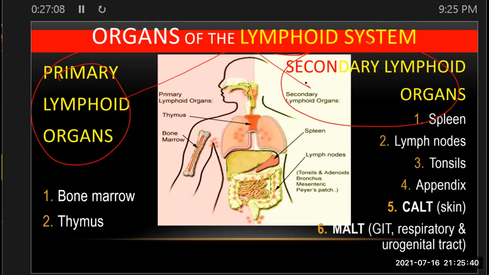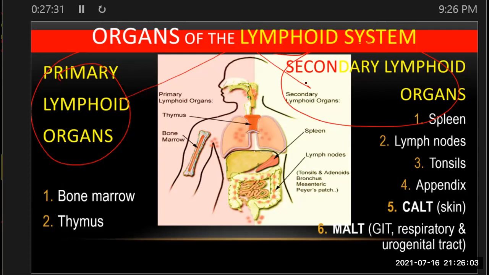MALT is a general term used to describe any immune structure found in mucosal tissue sites. More specific types include GALT, gut-associated lymphoid tissue, NALT, nasal-associated lymphoid tissue, and BALT, bronchus-associated lymphoid tissue.